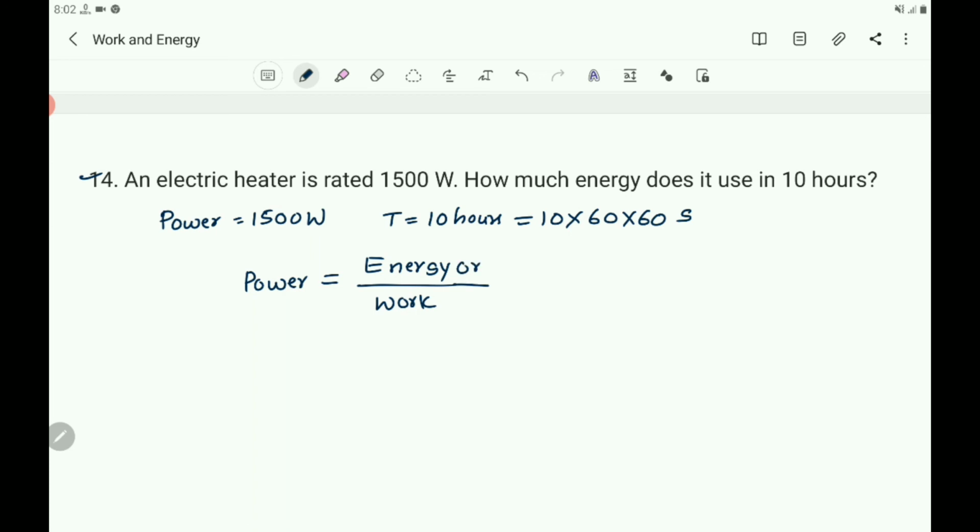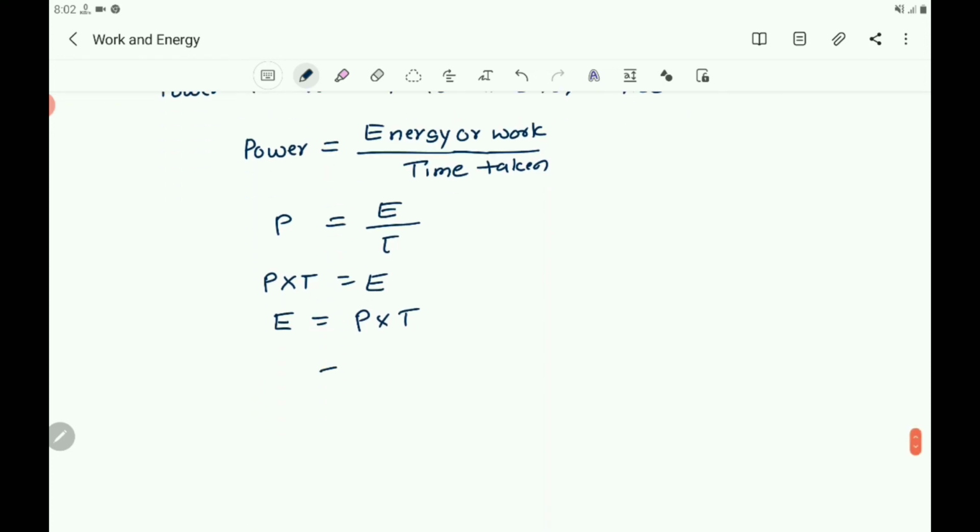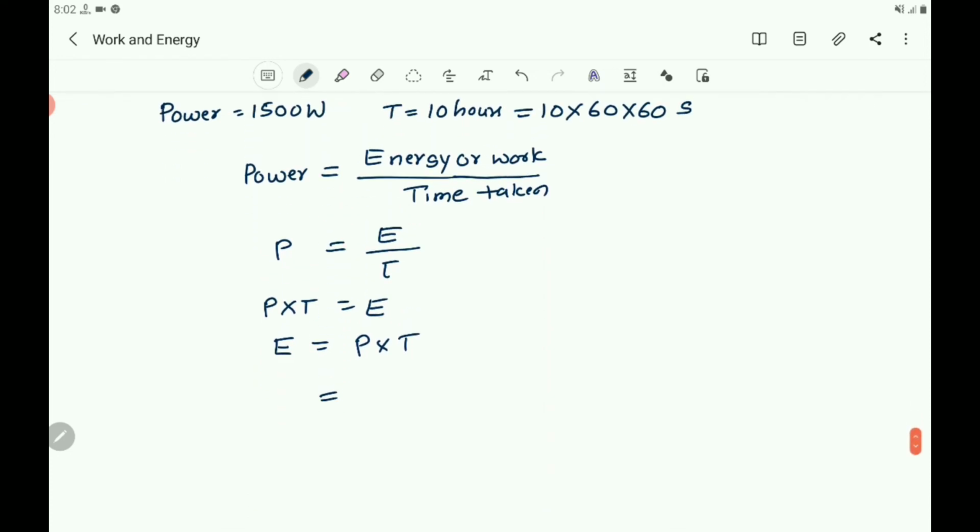So you take energy or work in the numerator and time taken in the denominator. If the symbols are P, E, and T, then P into T equals E. So E equals P into T, where P is power. Energy is equal to power into time.